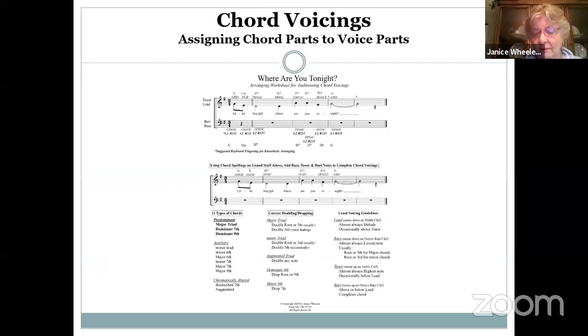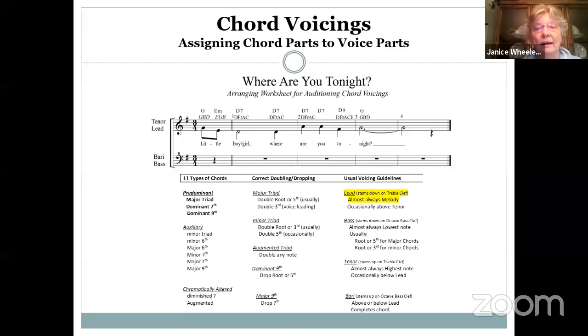Then we'll look closer at the bottom part, because that gives us a summary of the 11 types of chords we have, the correct doubling and dropping for those chords, and the usual voicing guidelines. We know that the lead has stems down on the treble clef, and it's almost always the melody. And sure enough, that's what we have in our tag.